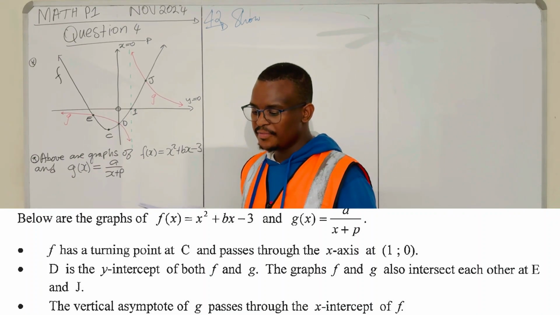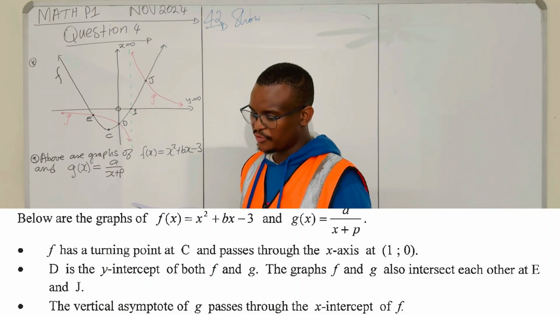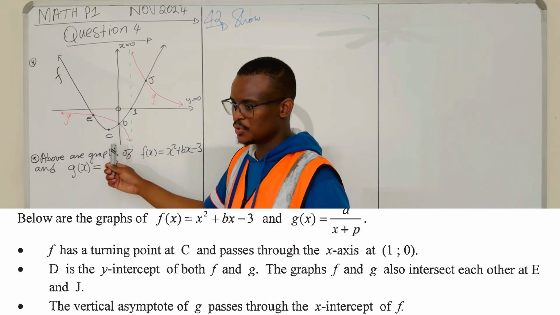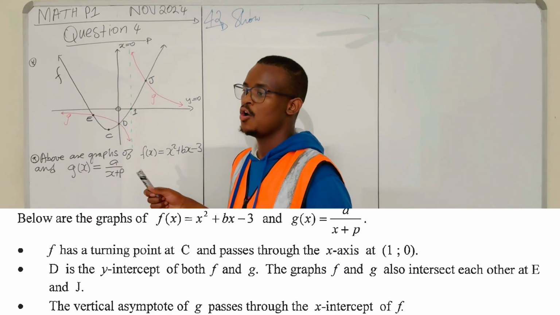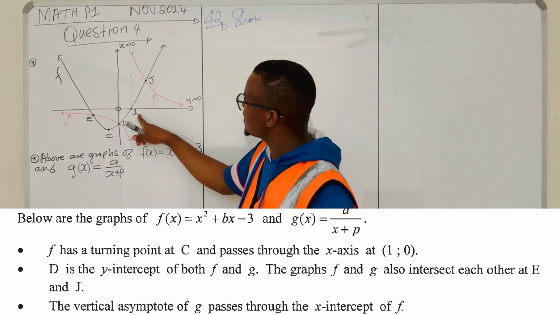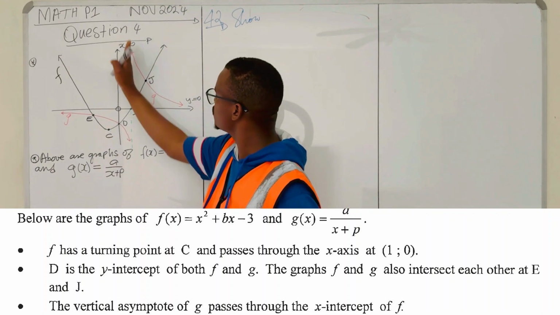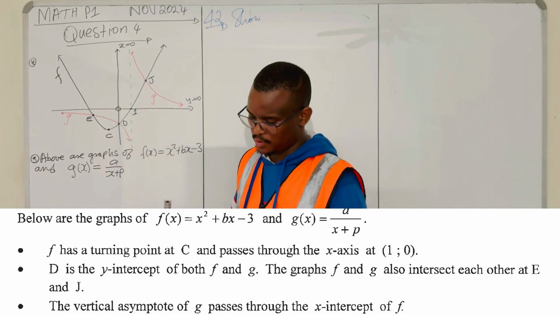They went on to say that the vertical asymptote of g passes through the x-intercept of f. They are saying g, which is your hyperbola, has a vertical asymptote, here it is, the green one. It passes through the x-intercept of f. We're told that the x-intercept of f is 1 and 0, so your vertical asymptote passes through 1. Are we clear? No problem.